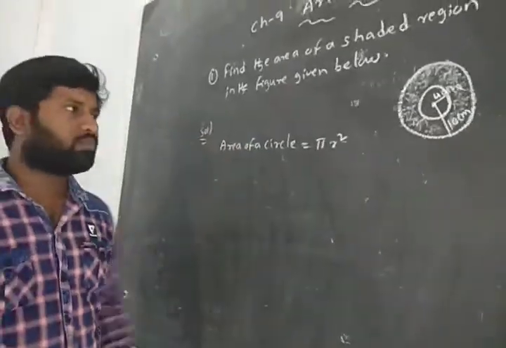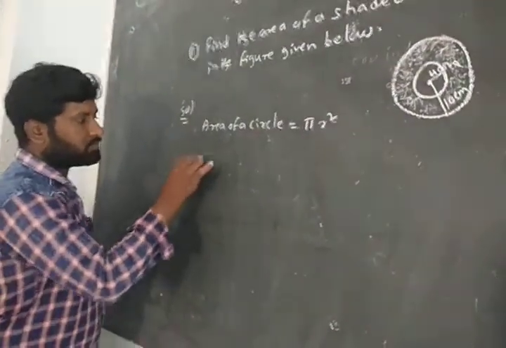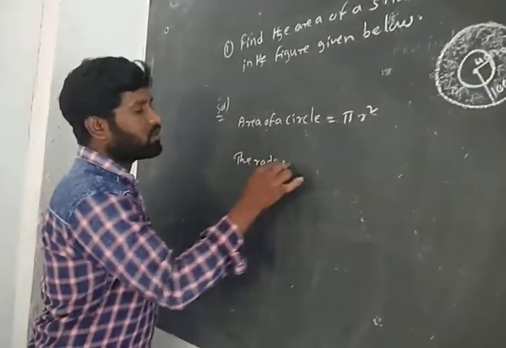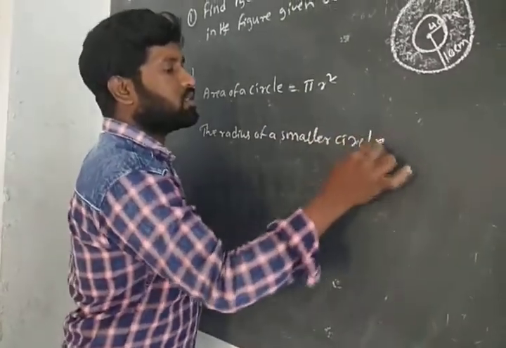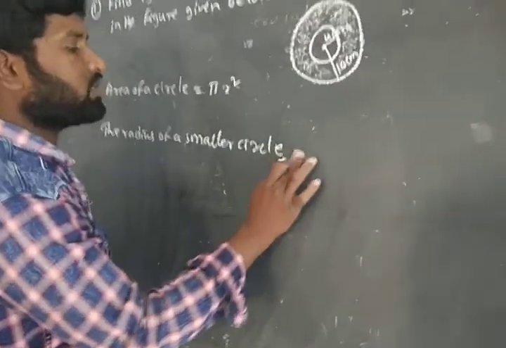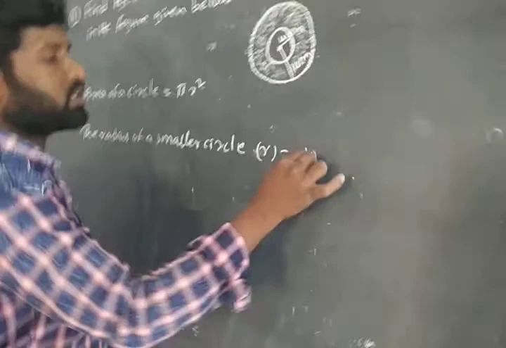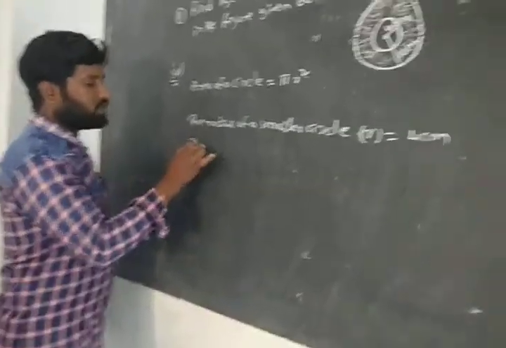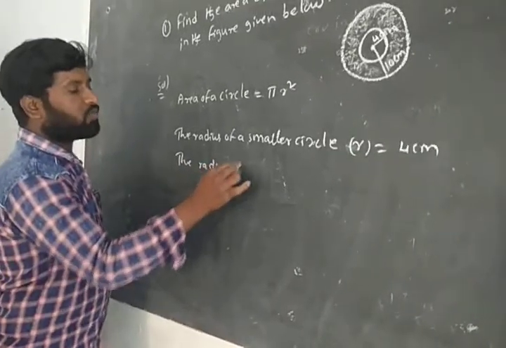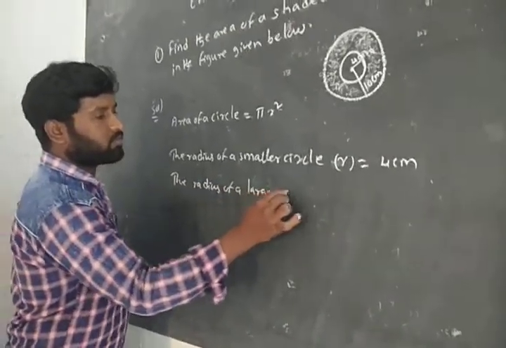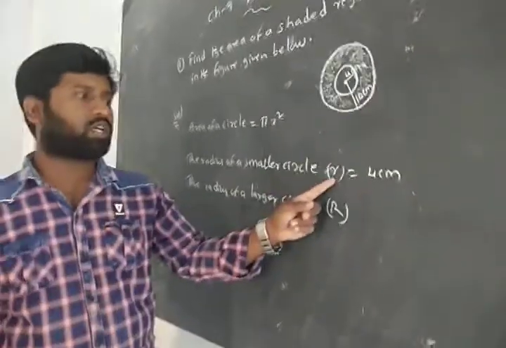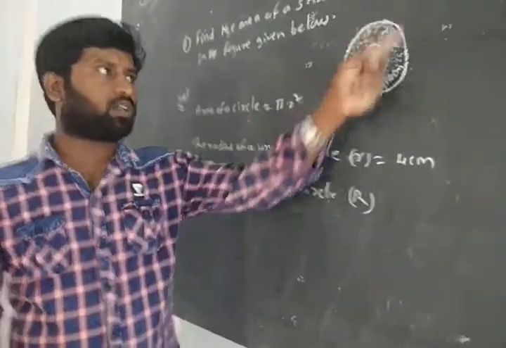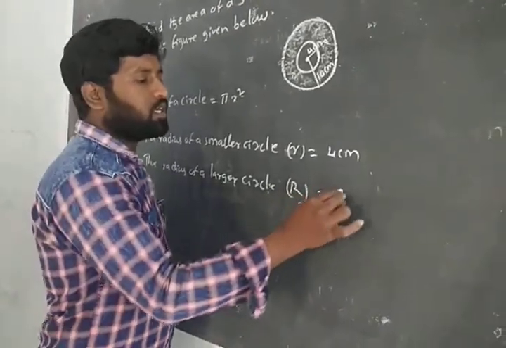I am taking the radius of the smaller circle, small r, equal to the given 4 centimeters, and the radius of the larger circle, capital R, is equal to 10 centimeters.